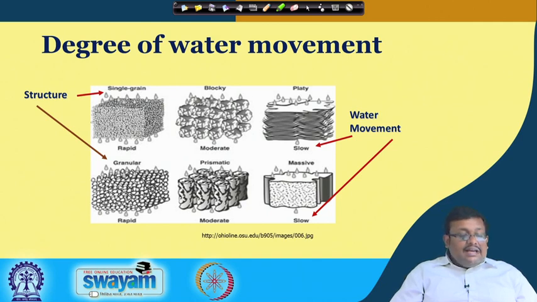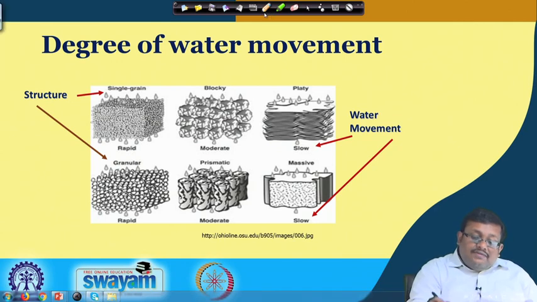And you can see how the water movement varies from one structure to another. Obviously, in the case of platy structure, due to the platy and compact nature, water movement will be very slow, in the case of blocky structure it will be moderate, and in the case of single grain it will be rapid.